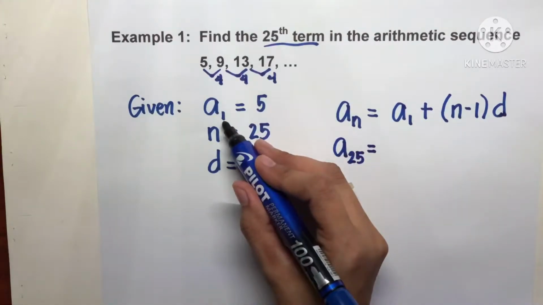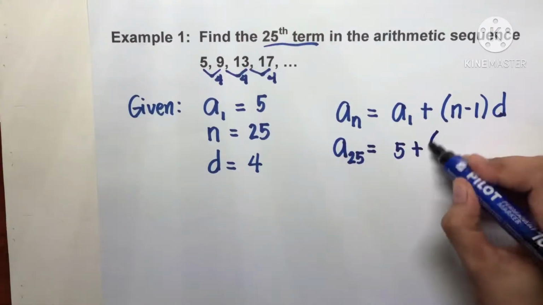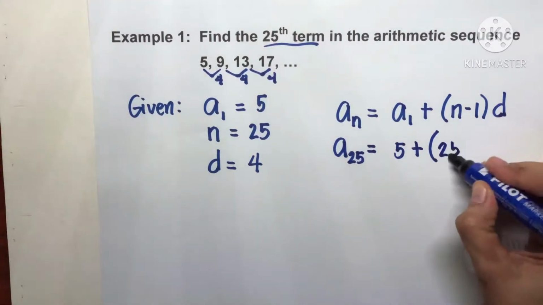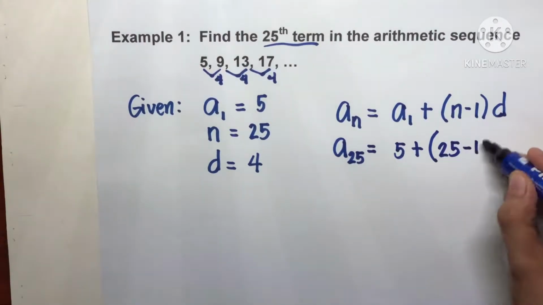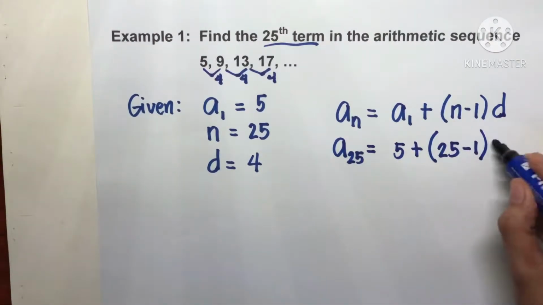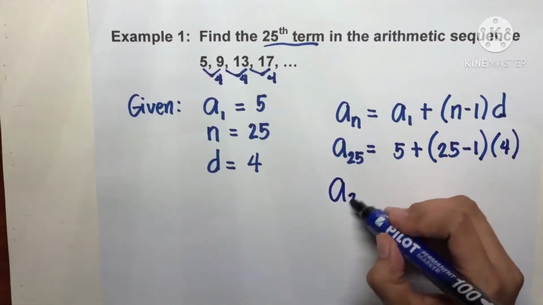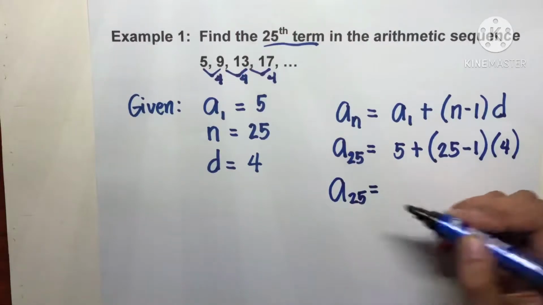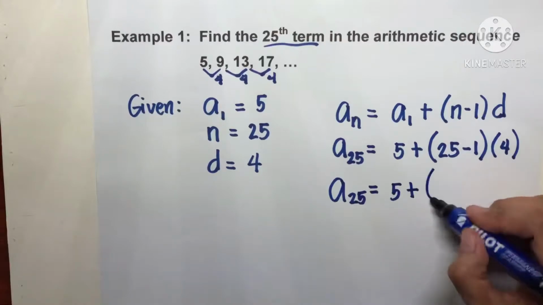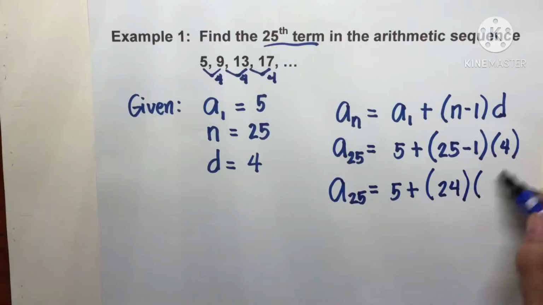Our first term here, or a sub 1, is 5, plus our n is equal to 25 minus 1 times the common difference, our d is 4. Okay, so we will copy. So the 25th term, we will copy 5 plus 25 minus 1 is 24 times 4.